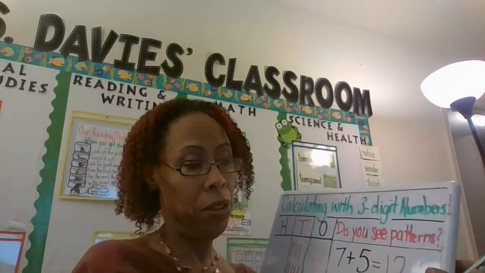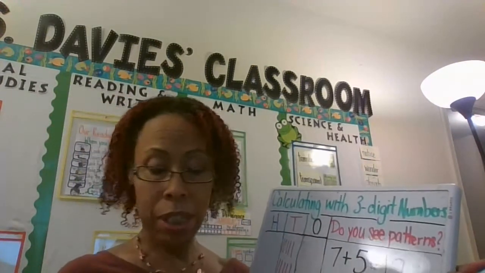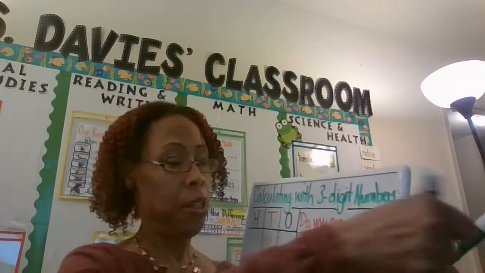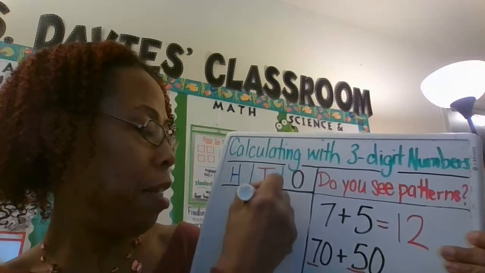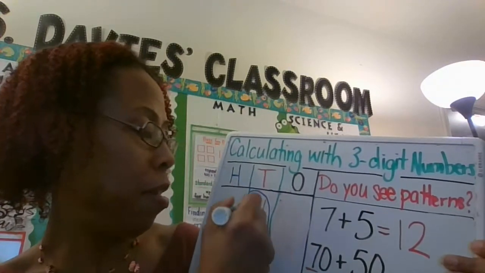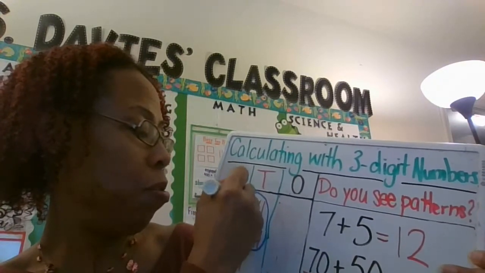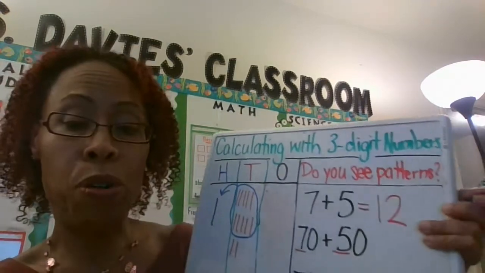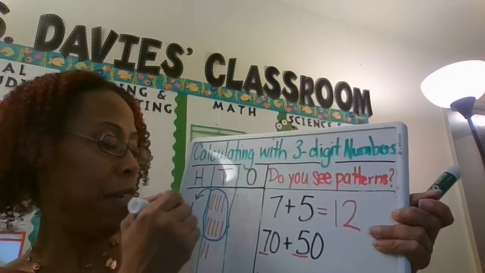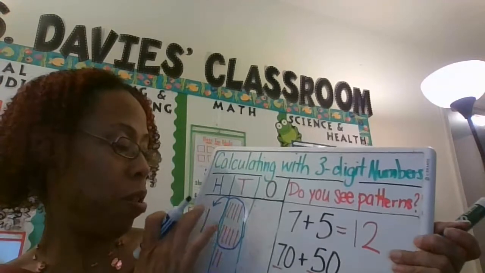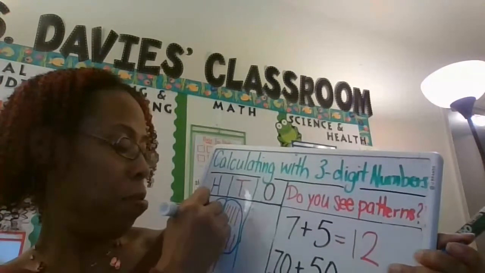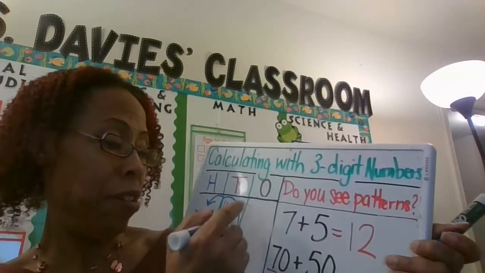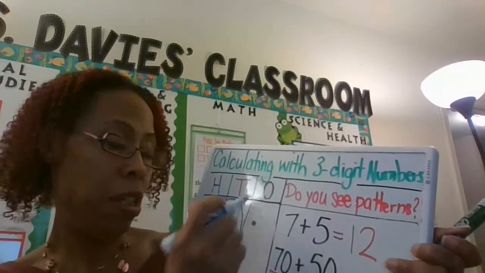But just like we bundled before, we're going to bundle again. So this time we're bundling the 10 tens into 100. We're renaming 10 tens into 100. And let's actually make that into a flat. And these, just so you know, should have been cubes.